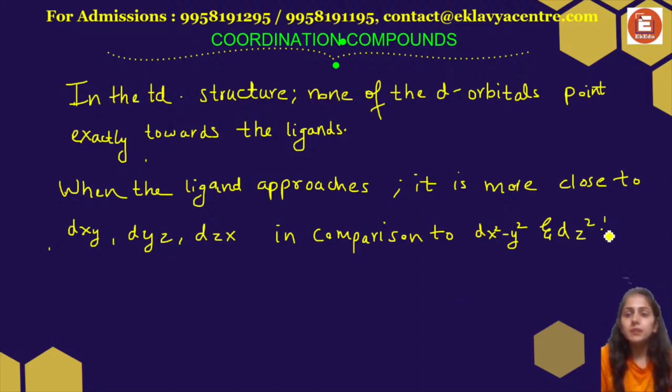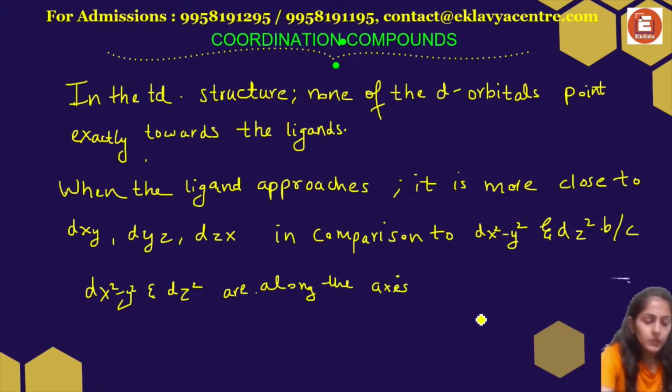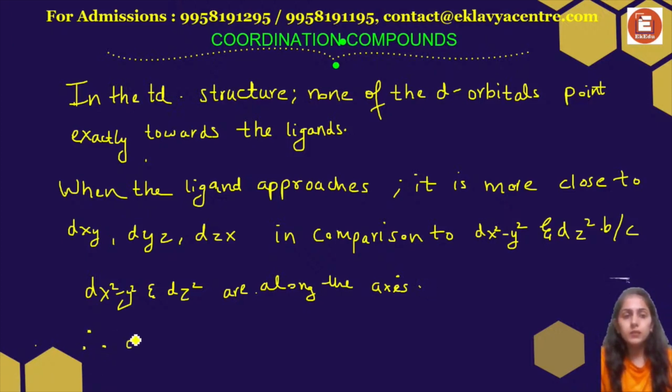Why? Because dx square minus y square and dz square are along the axis, so therefore dxy, dyz and dzx feel more repulsion.